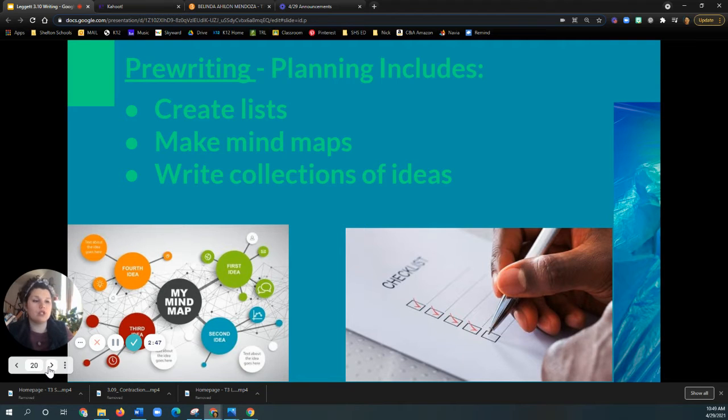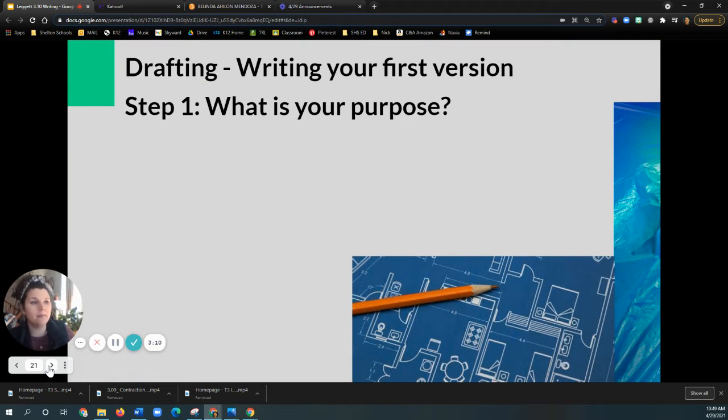You could also write a collection of ideas in a different format. So for example, sometimes when I plan something, I might gather information and then just dump it into a document. What I'm going to ask you to do is to make a list today. That's the type of pre-writing that we'll be working on.